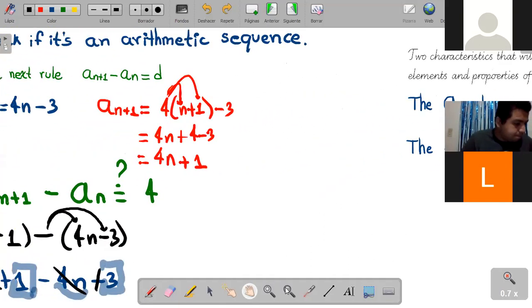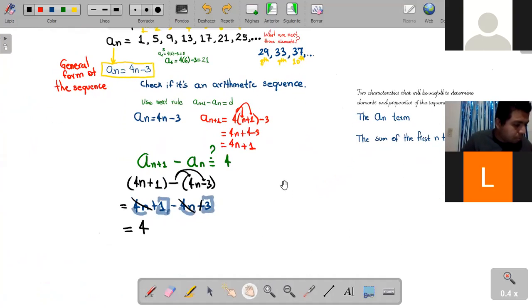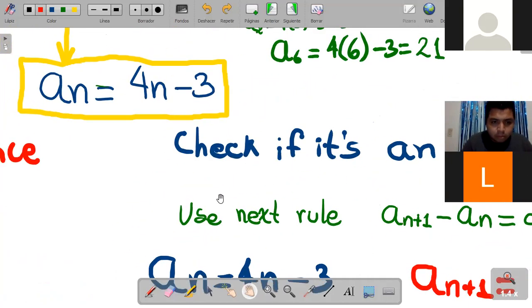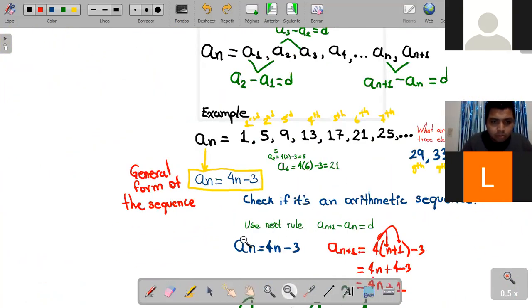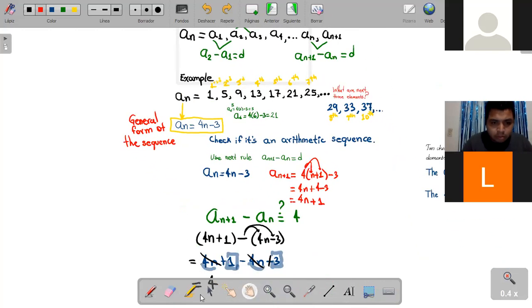Any question about how to prove if something is an arithmetic sequence or not? So immediately you can say, this sequence we have over here, an equals to, for this one, let's copy it.